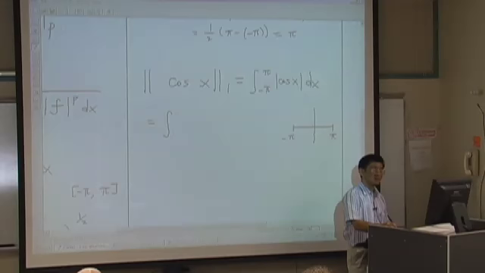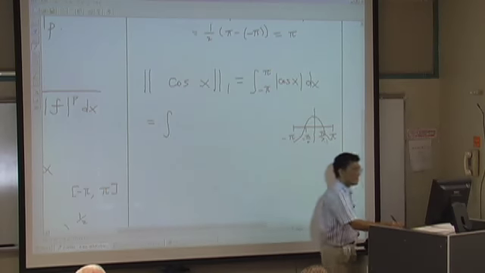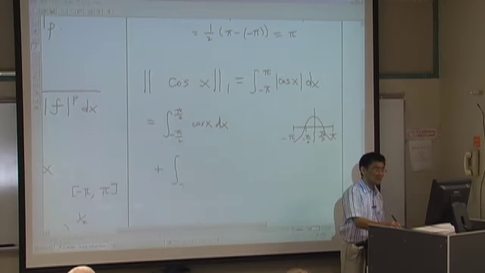If you sketch the cosine graph, it looks like this. From minus pi over 2 to plus pi over 2, it is positive, so it is cosine x dx. Then from minus pi to minus pi over 2, the absolute value of cosine is negative cosine x.